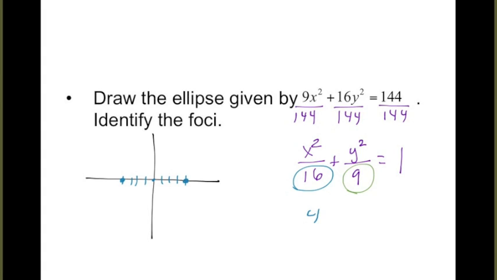And underneath the y, we're going to take the square root of that number, 3, and since it's under the y, we're going to go in the y direction. Let's get our ellipse then. We're going to connect those 4 points.